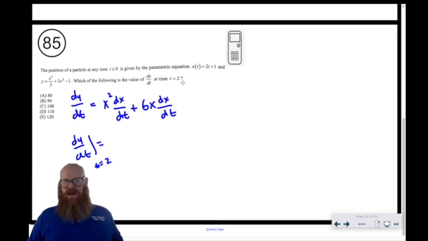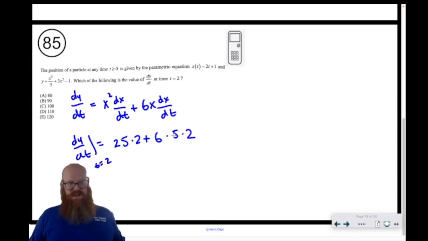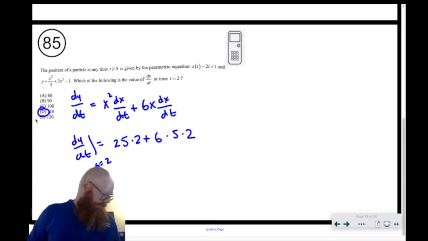Well, at time 2, 2 times 2 is 4, 4 plus 1 is 5, so x is 5. So this is 25. Now dx/dt is the derivative of this. Well, that's just 2 times 2 plus 6 times 5 times 2. So I get 50 plus 60. That's 110. So 85 is D.